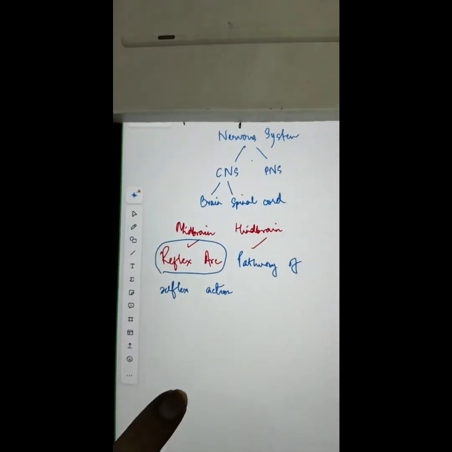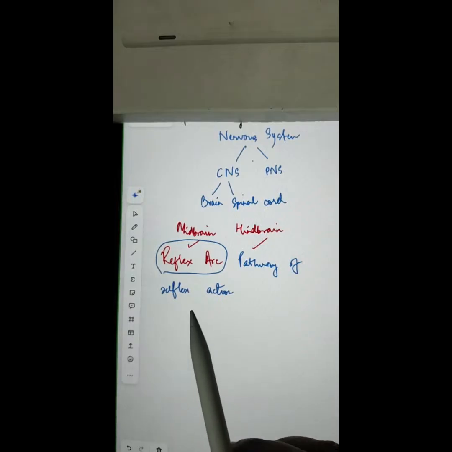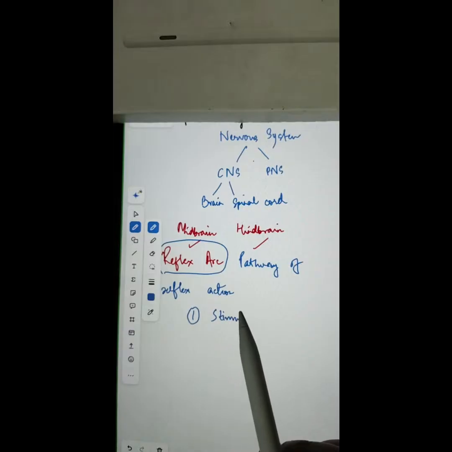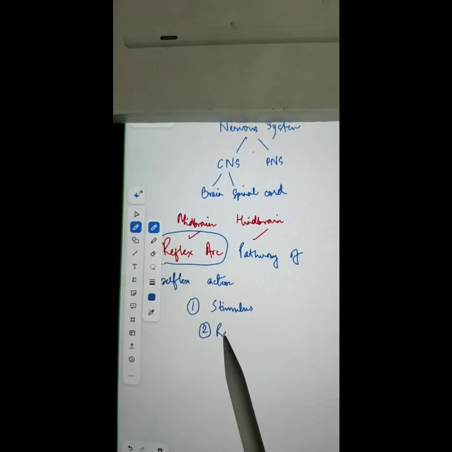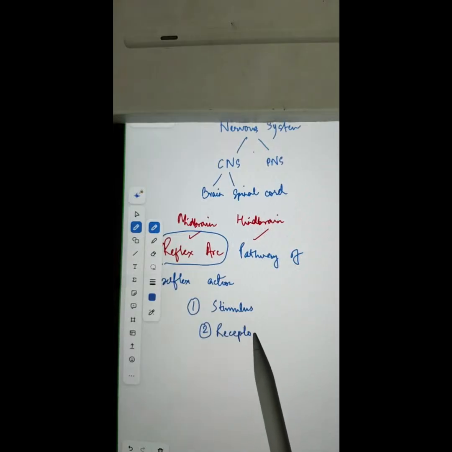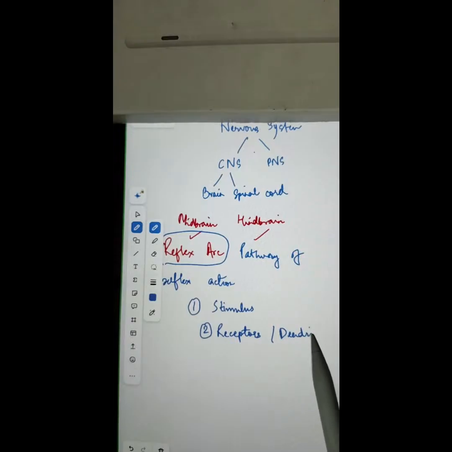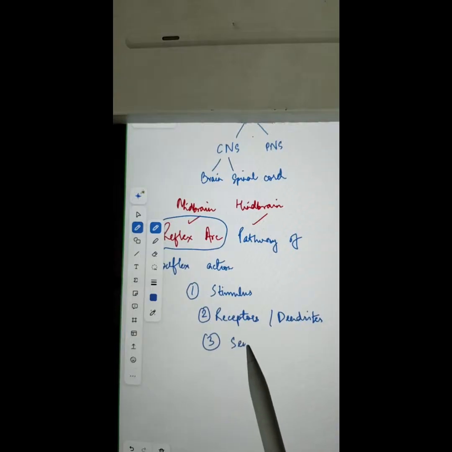So what are the various components of the reflex arc? The first component is the stimulus. The second component is receptors, and dendrites work as receptors. Then we have sensory neurons.